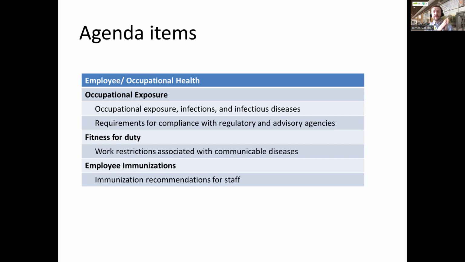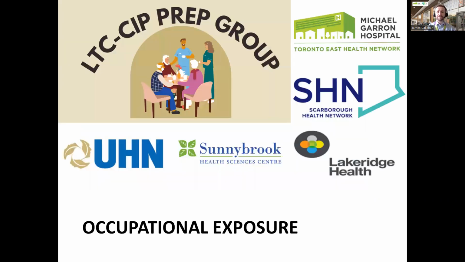We're going to start by following the LTC CIP content outline as it's laid out on the certification board website. We'll start by discussing occupational exposures to infectious disease and some of the requirements for compliance with regards to these exposures. We'll review fitness for duty and work restrictions as they relate to communicable diseases. And finally, we'll discuss recommendations for employee immunizations for staff and what that looks like.